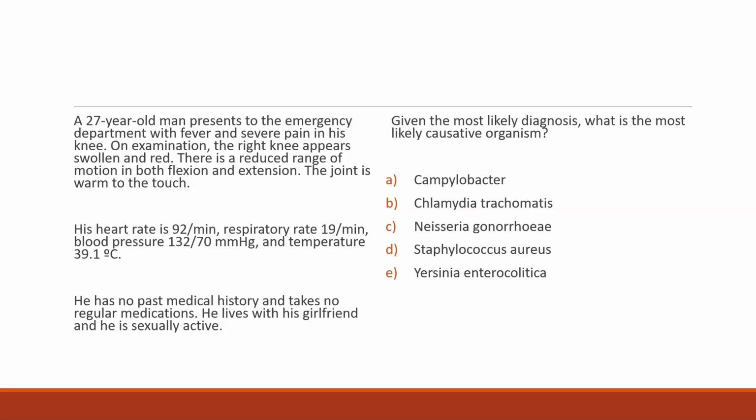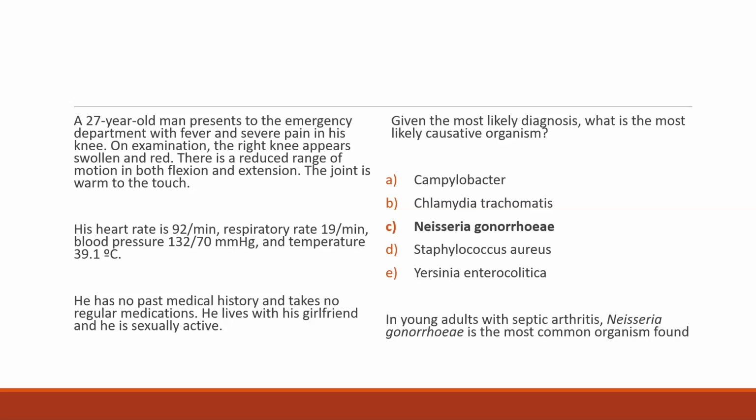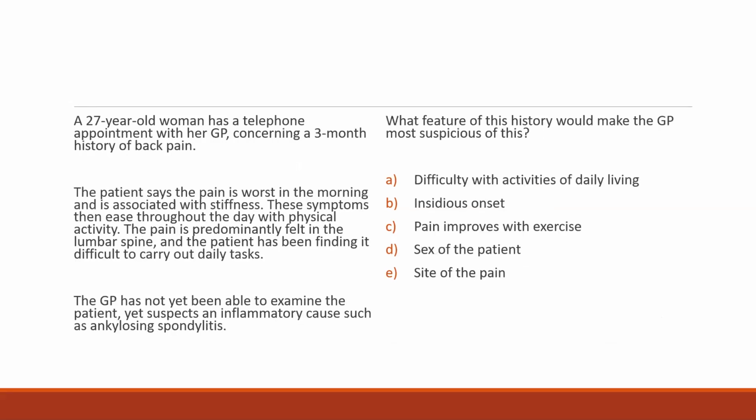So what do you guys think is the diagnosis here? Anyone want to shout out the diagnosis? C, correct, because he is young, septic arthritis, so gonorrhea, most likely in young people. Cool.